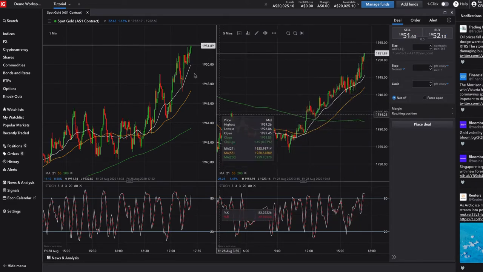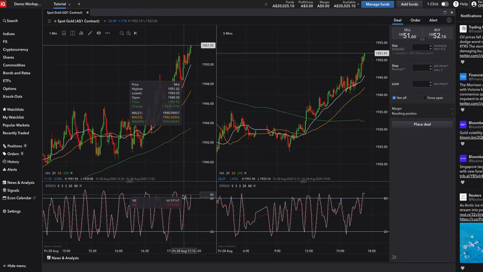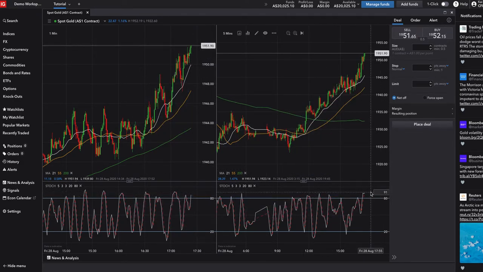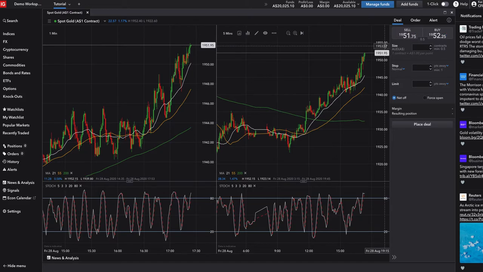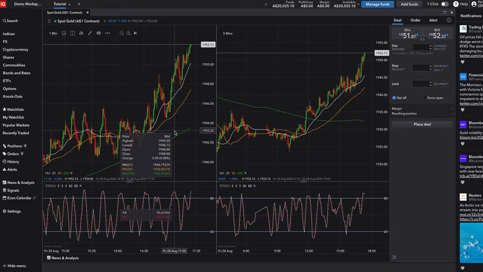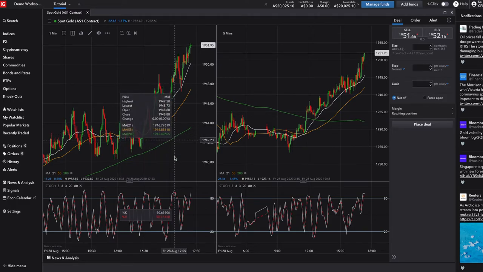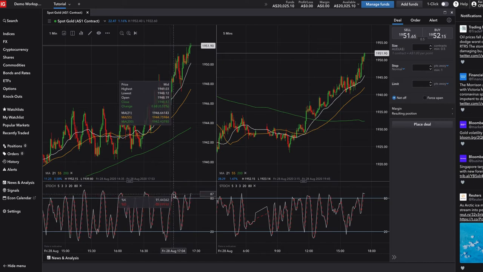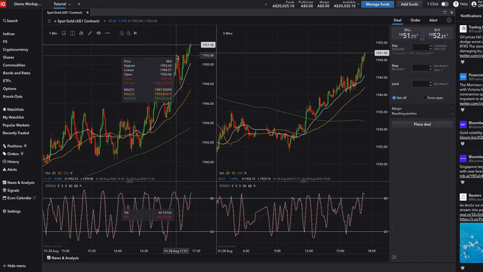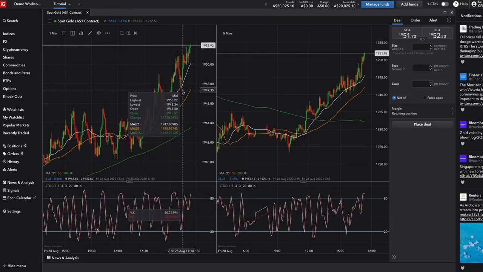So as you can see, price is above all moving averages on both of them. The stochastic is overbought on both of them, which means we're trending quite strongly, and it could easily keep going much higher, but it's not a great time to get in because, as you can see here, if we pick one of these points down the bottom here, we can see we're overbought above this line, and then shortly after the price came back down to the line.